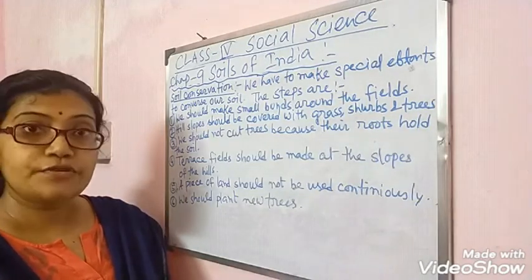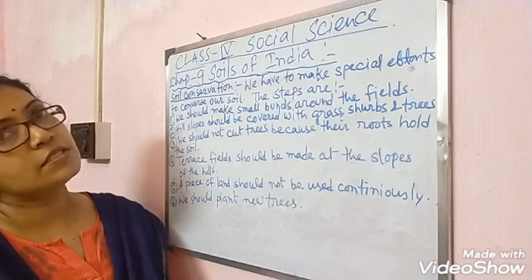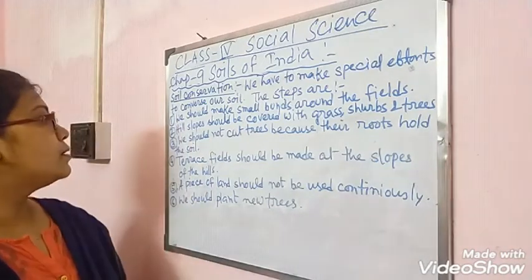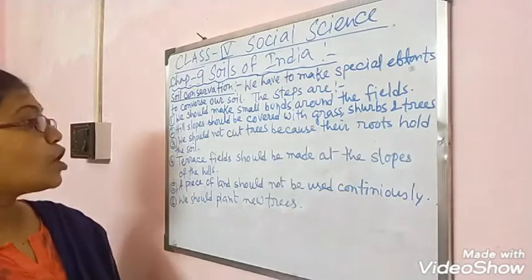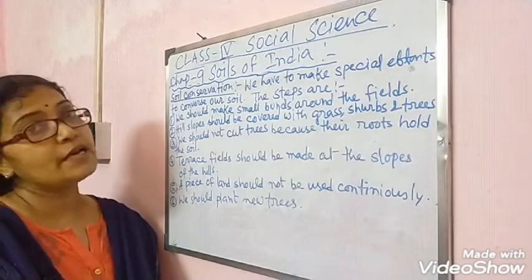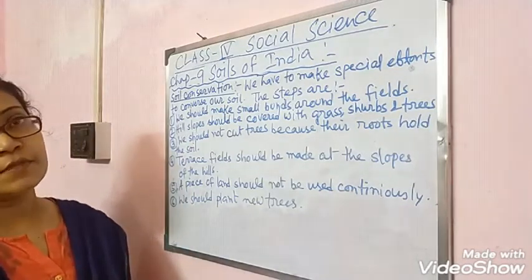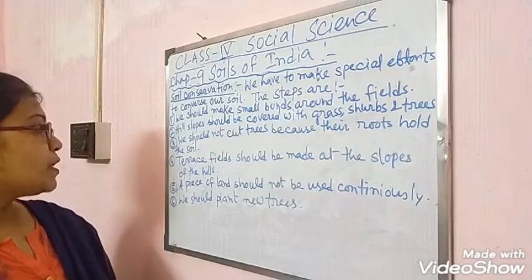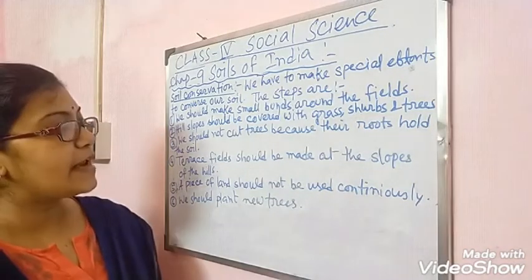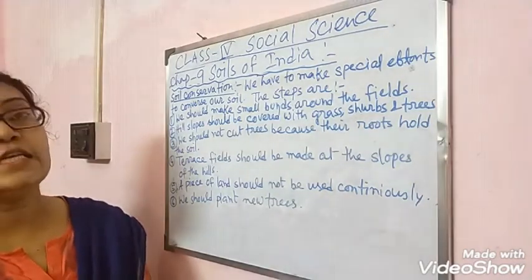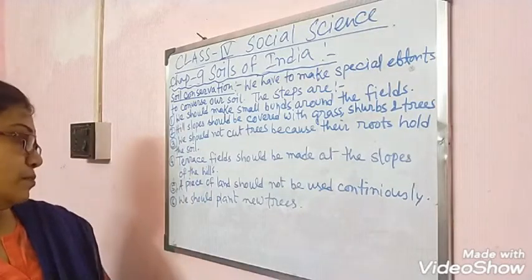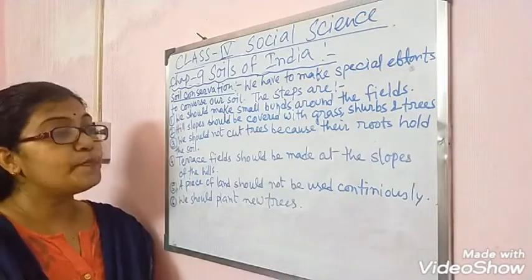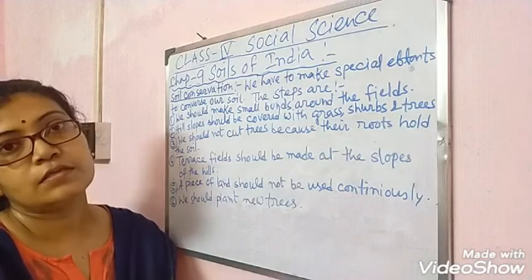If we cut down the tree, soil erosion starts. Number 4: terrace fields should be made on the slopes of the hill. Terrace farming can be done easily. Number 5: a piece of land should not be used continuously. And the last point is that we should plant new trees.